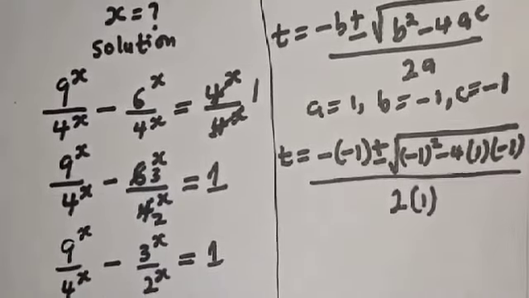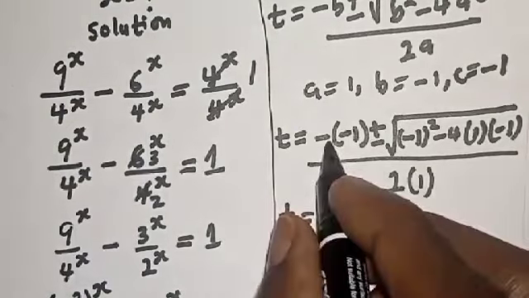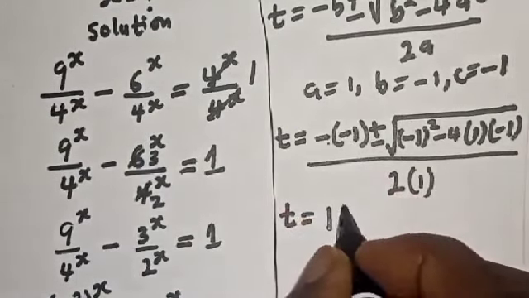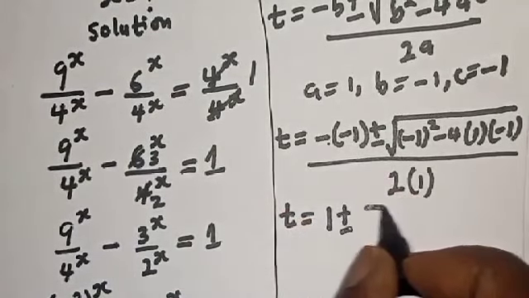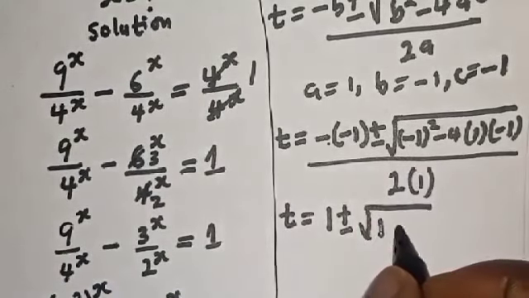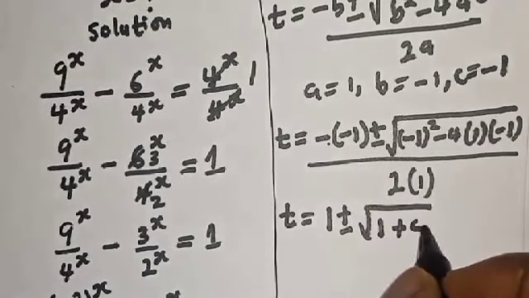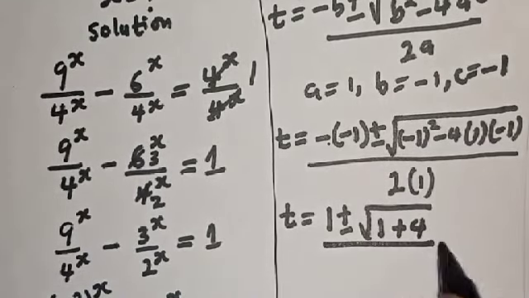So this is t is equal to minus times minus 1 plus 1 plus or minus square root of minus 1 squared, 1, then minus 4 times 1 times minus 1, that is plus 4, over 2.